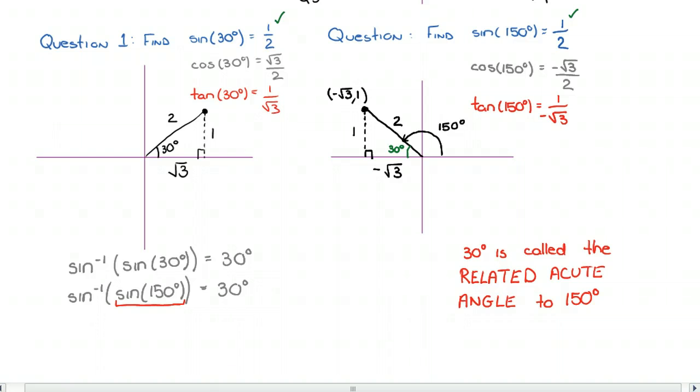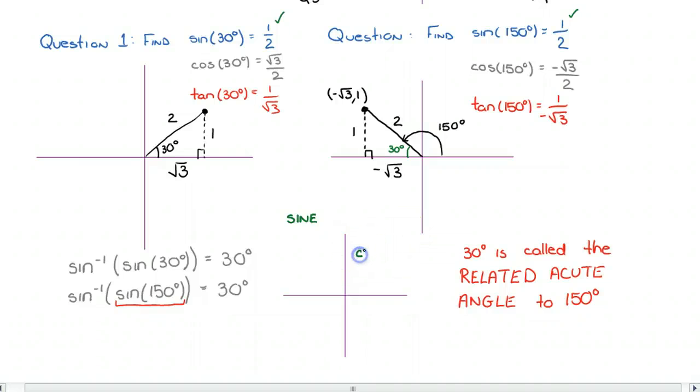So what happens is when I start dealing with angles that are larger than 90 degrees, or I start talking about what are called rotational angles, there are calculator regions that your calculator will work in.